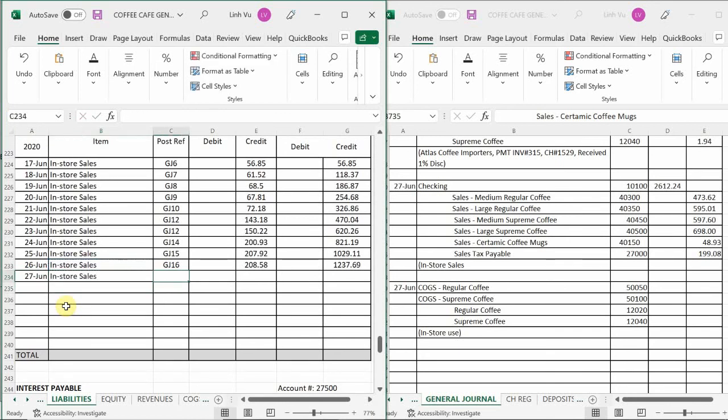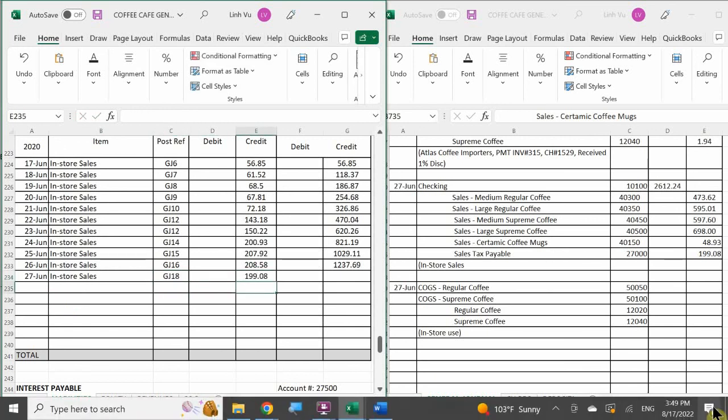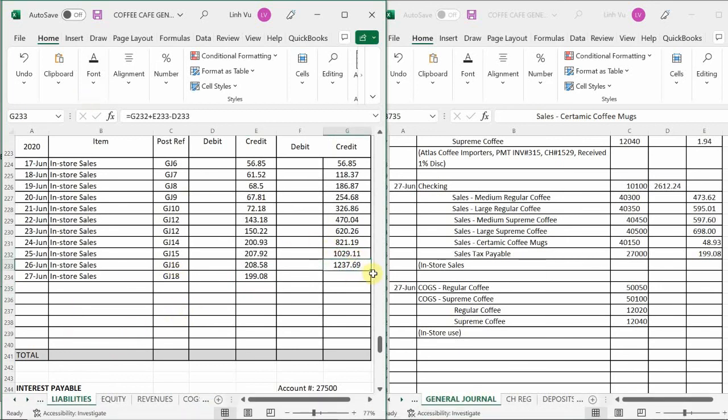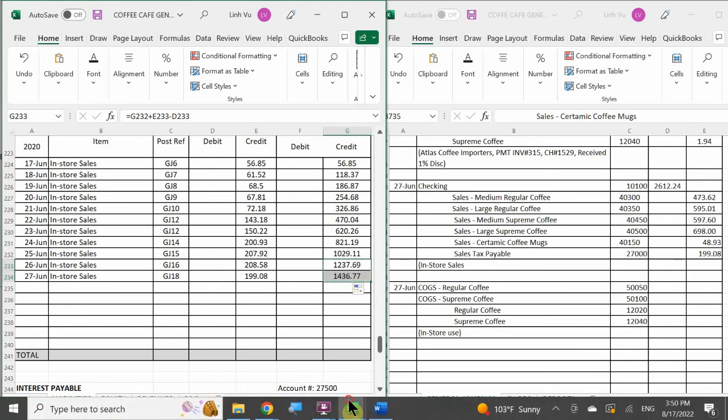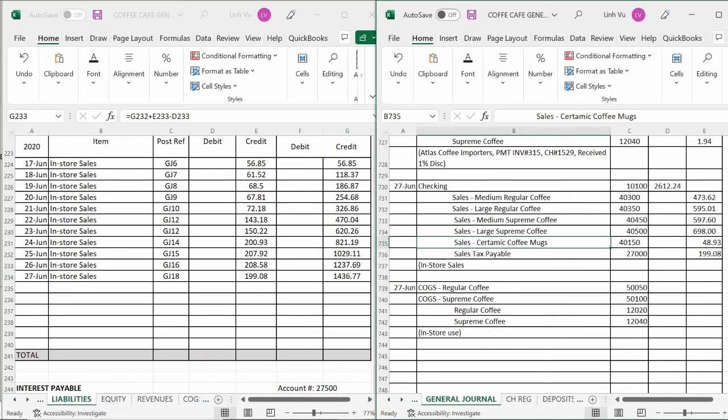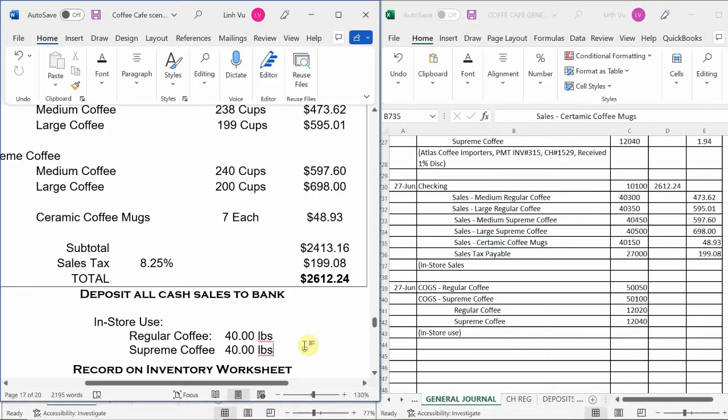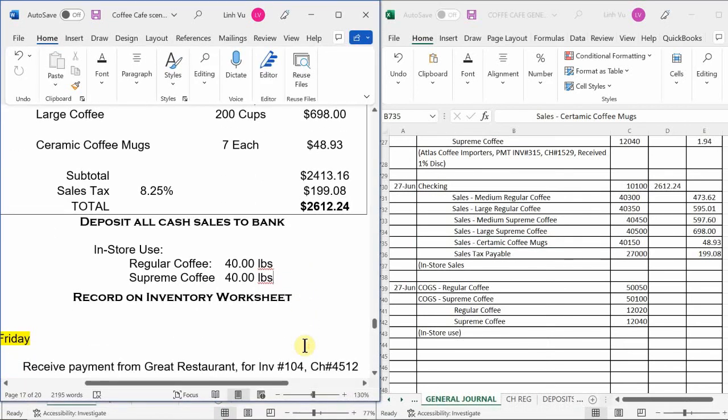Page 18 for 199.08 will result in a total of $1,436.77. Okay, and that's all on that.